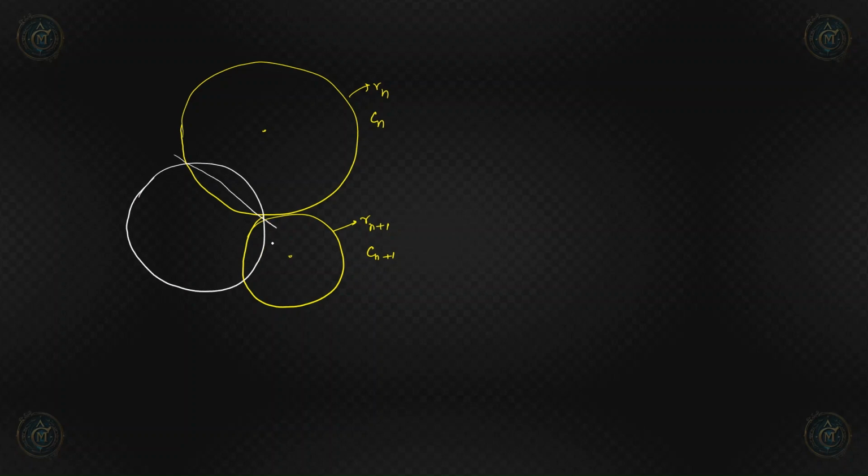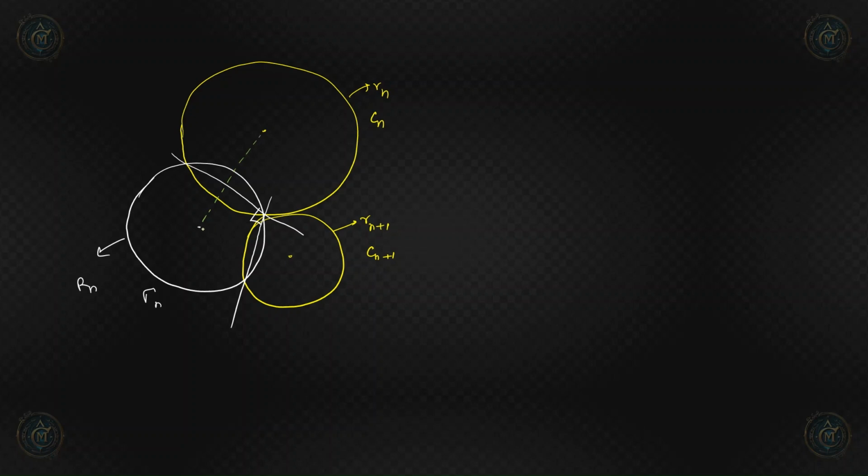So these are the common chords, and they intersect at right angles. This radius is capital Rn. Now, if we look into this picture here, this line is perpendicular to this common chord, right?